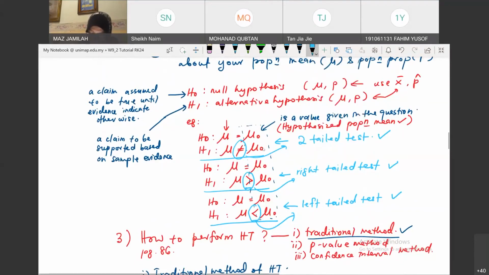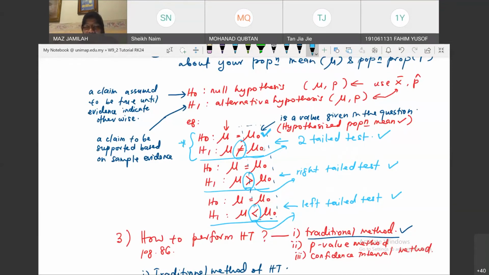It will be your null statement. Now, since your question is about is, the pair that needs to be used for your investigation will be this one. Because if you are being asked whether it is equal to that value or not, then you are going to test this one.